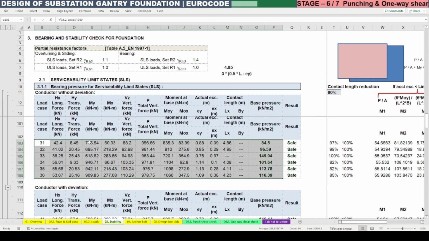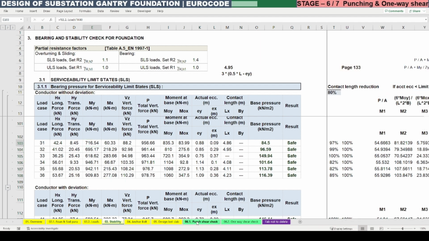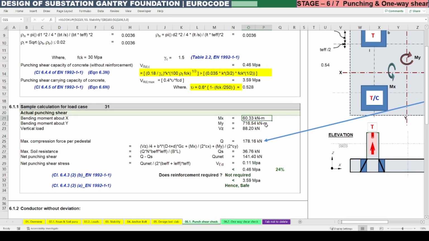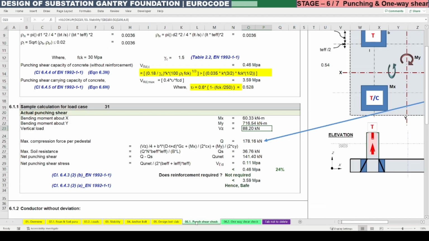So the bending moment is 7165.4, 0.54 is the bending moment. So that was considered here. My and Mx are considered, and also the vertical loads are considered for the load cases. So these three values we have considered for the sample calculation of punching shear.